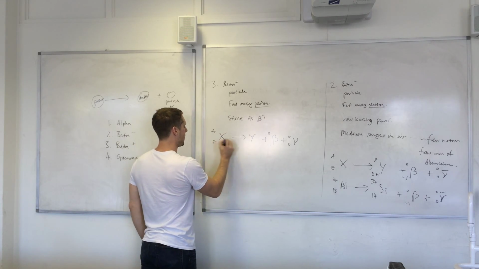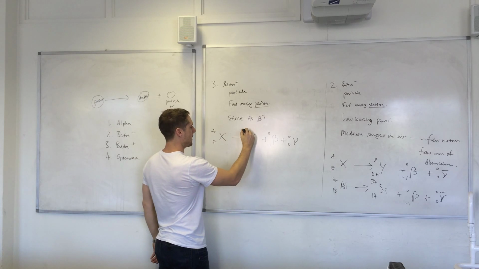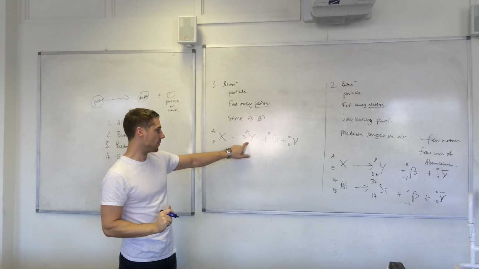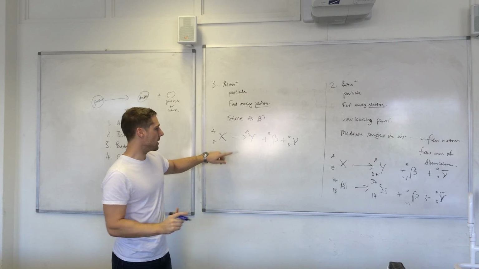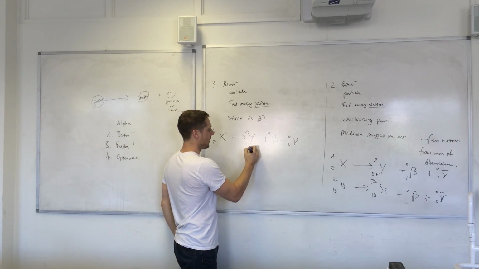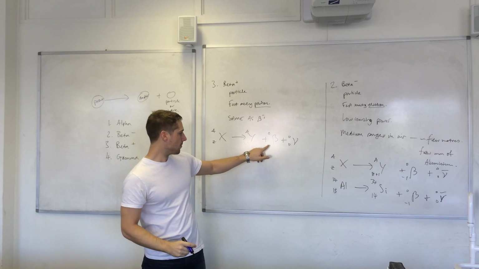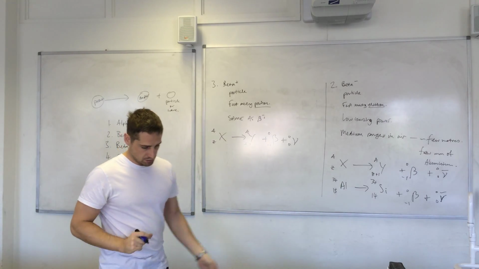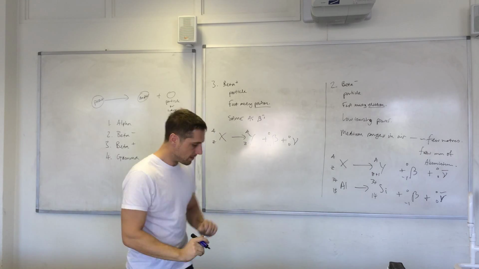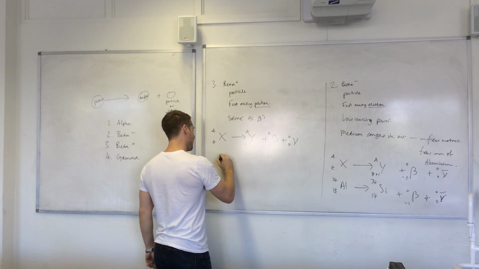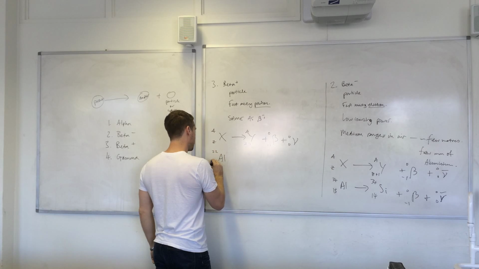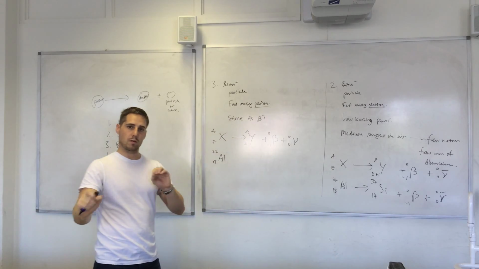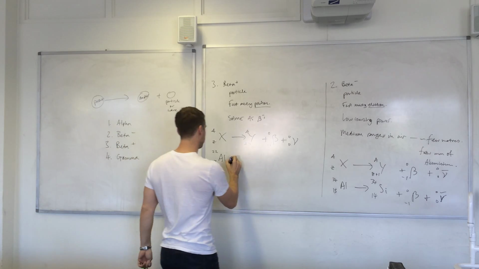We have A, we have Z. So A doesn't change, but the Z number for Y is going to be Z minus 1. So when we do Z minus 1 plus 1, we end up with Z again. So that's the general equation. Let's take another isotope of aluminium, aluminium 22. So the proton numbers are the same, so that we're dealing with the same element.